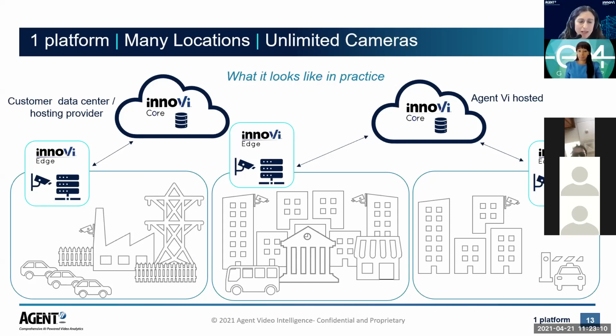And then once that metadata has been generated, we then send only the metadata to the Anomaly core. Now, the Anomaly core can be either Agent VI hosted in the cloud or customer hosted in the data center.